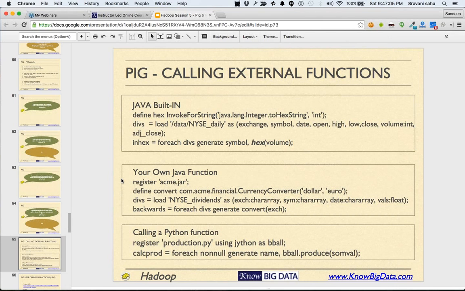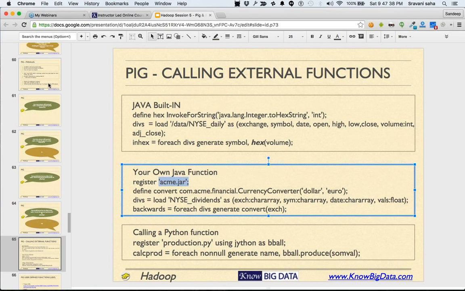All right, and sometimes you have your own Java function and your own Java class and you want to use that. It's very straightforward actually. All you have to do is put this acme.jar in the current folder in the local directory, not in HDFS, but in the directory from where you started the pig command. You put your acme.jar in that folder and then say register acme.jar.